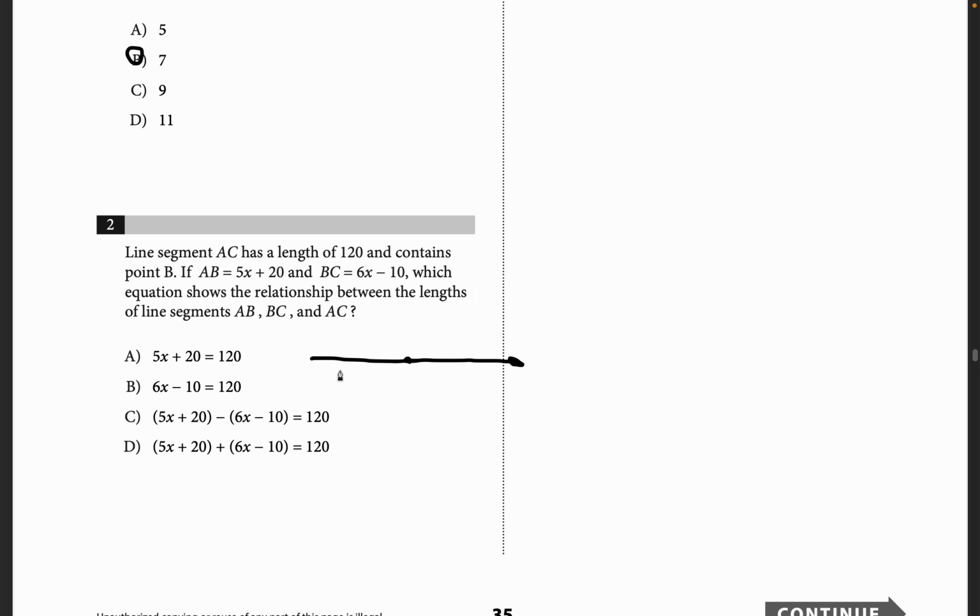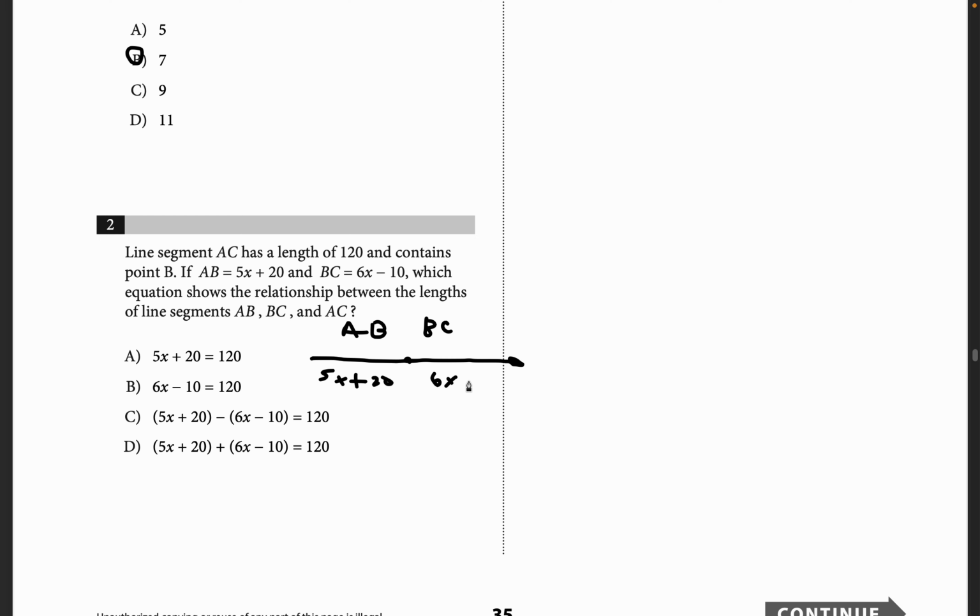Okay, this is A, B, this is B, C, and then AC will be the whole thing. So this is 5x plus 20. I mean, this is a question too. You didn't really have to draw it out, I'm just doing it so it's more visual.